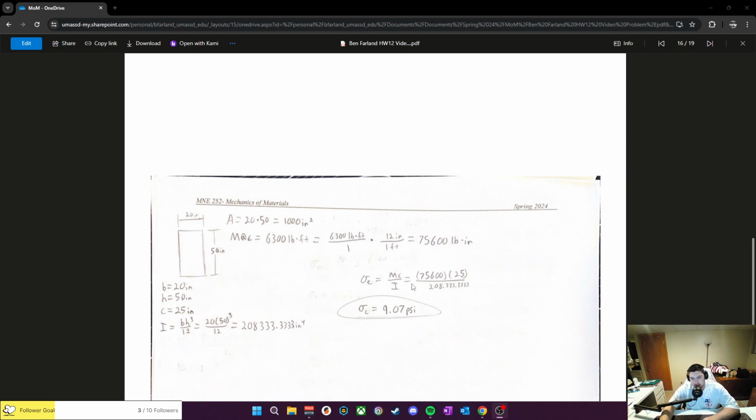And once I do the calculation for the stress at point C, equal to Mc over I, I get 75,600 times 25 over 208,333.3333, to get the stress at point C is equal to 9.07 psi.